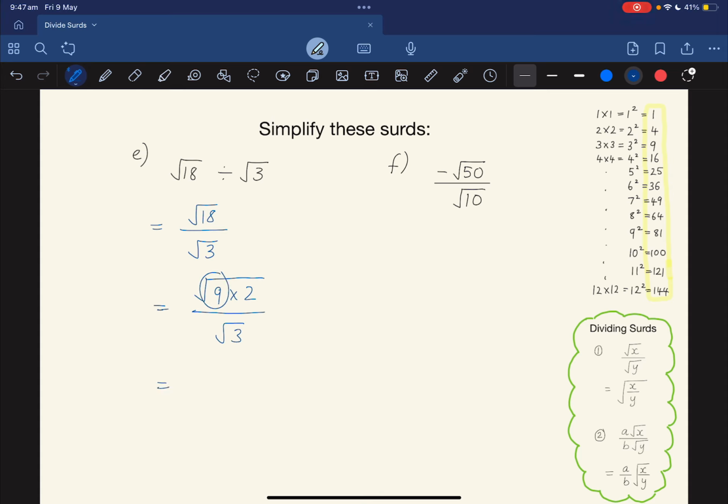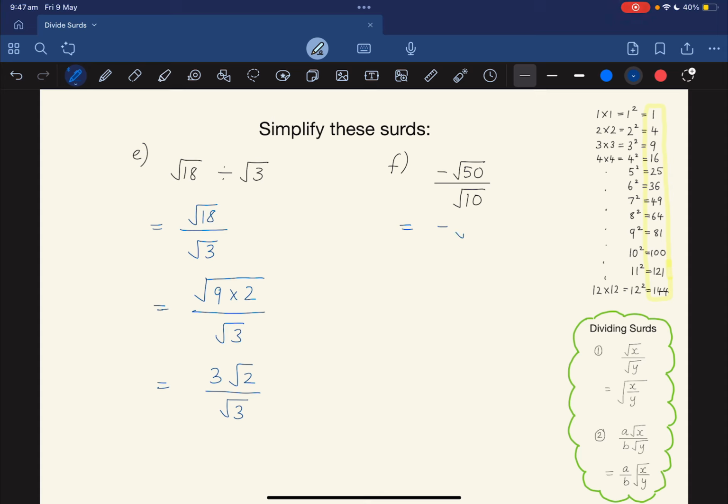Root 9 is 3. Don't forget to keep your square root sign around that 2. And you can't take that any further, right? That's it. Okay. Negative divided by a positive is going to be a negative. So I'm just going to keep that negative out the square root sign.